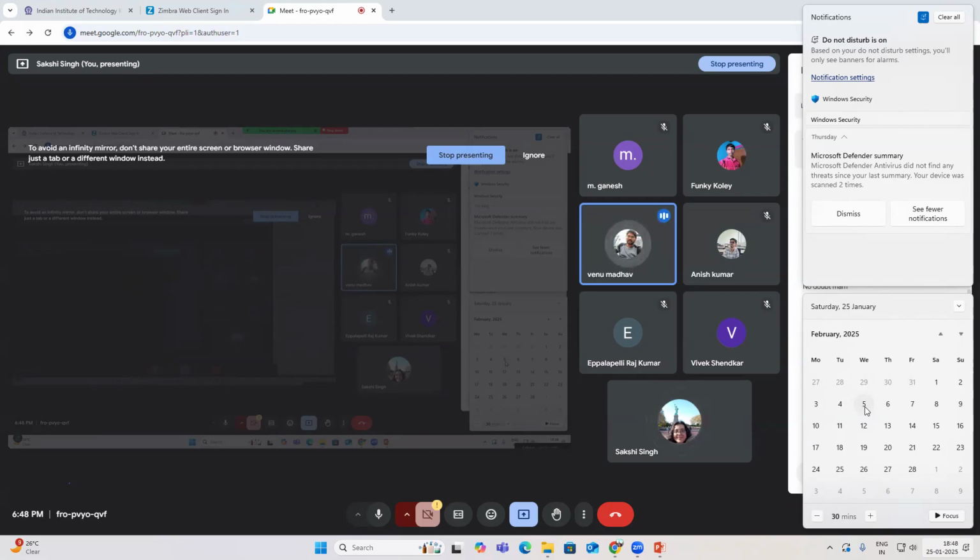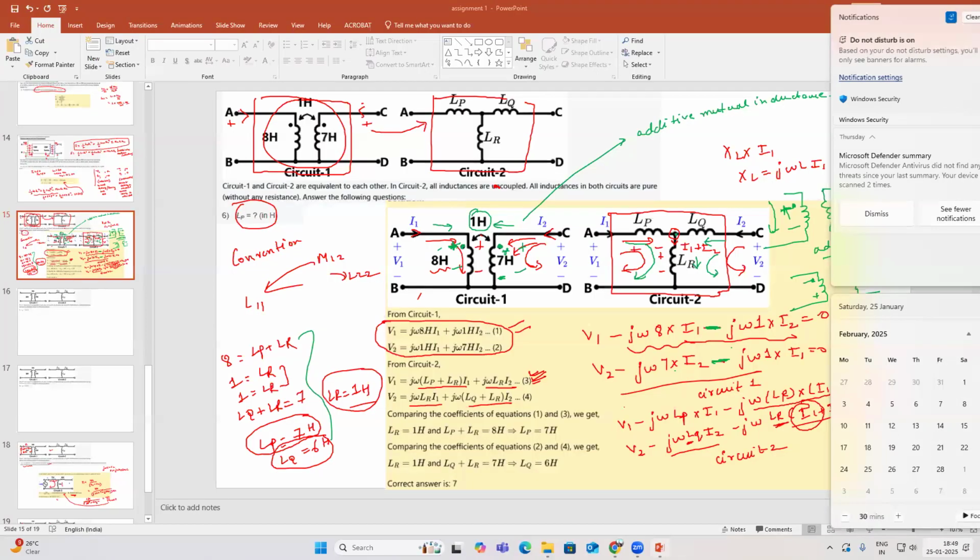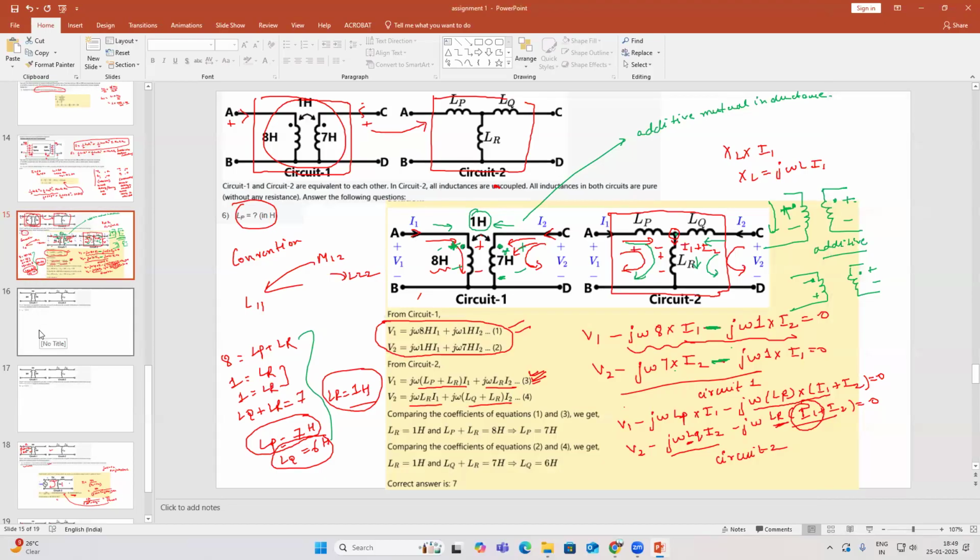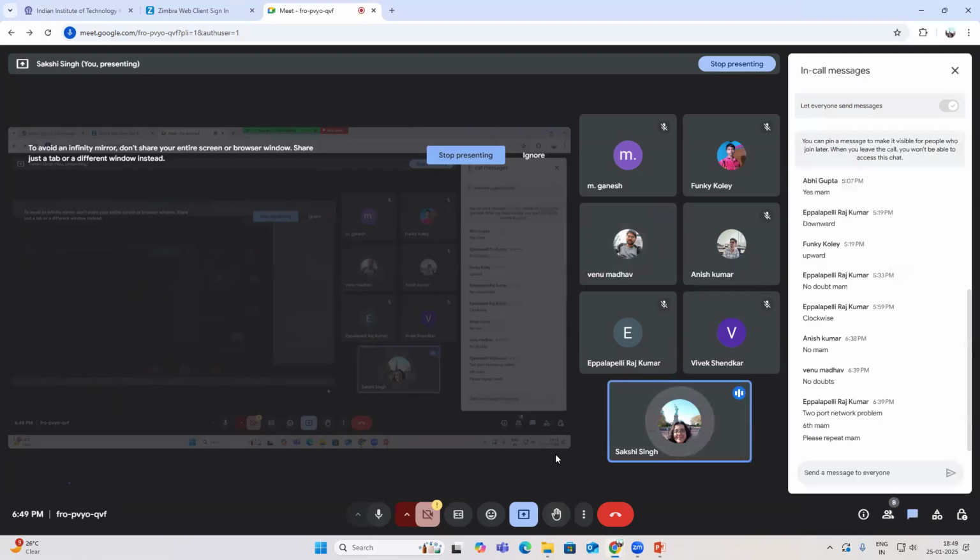Actually the pattern is same. What is happening is that electrical machines 2 is focused on synchronous machine and induction machine.